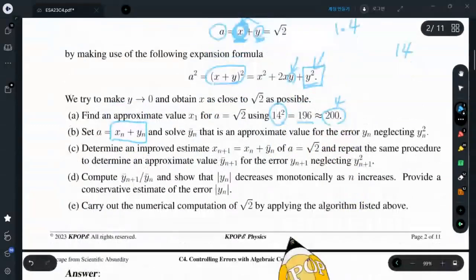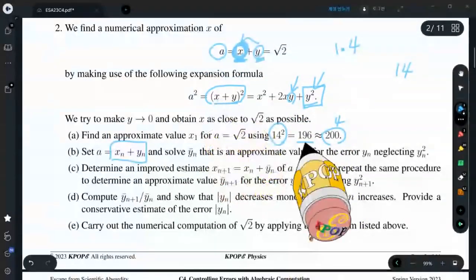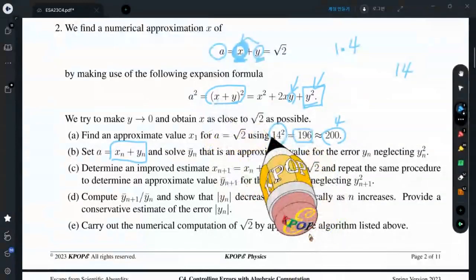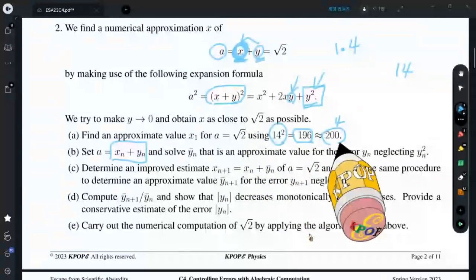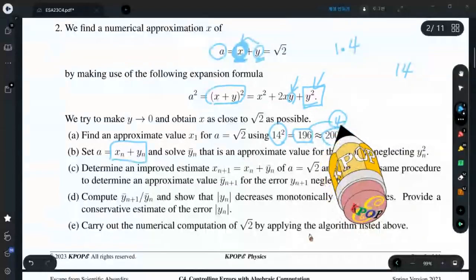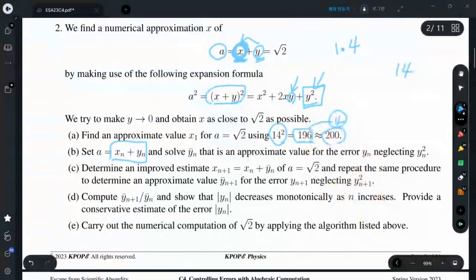Once you find some, here we have 196, which is the square of 14. That is very close to 200. But as you know, this is an error, but we identify that error, and this error will keep decreasing. All right, so that is the basic idea.